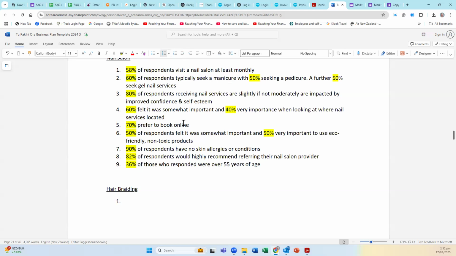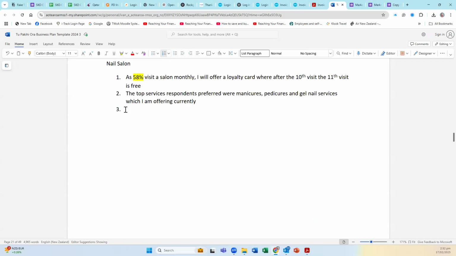Number 4, 60% felt it was somewhat important and 40% very important. We're looking at now where nail service is located. I say it was very important for respondents as to where nail services are located.